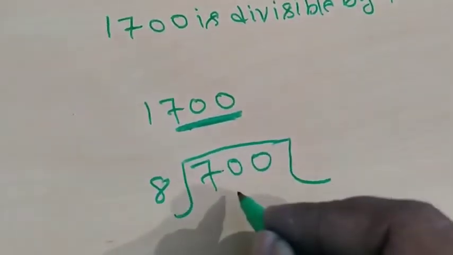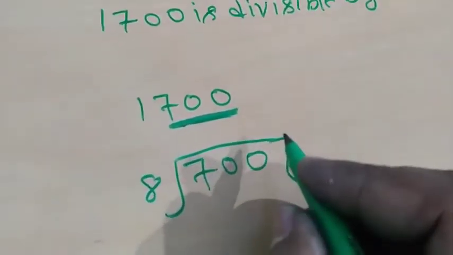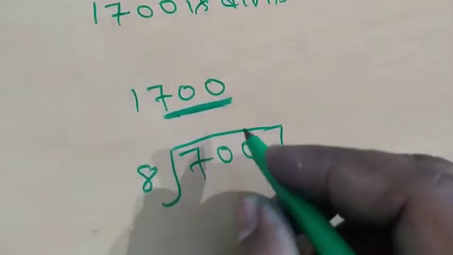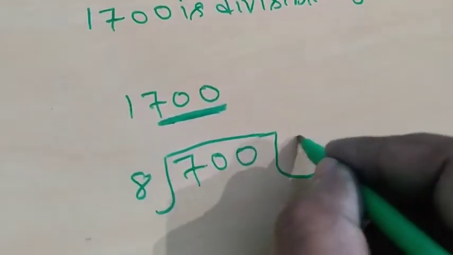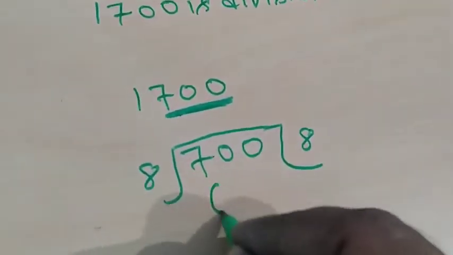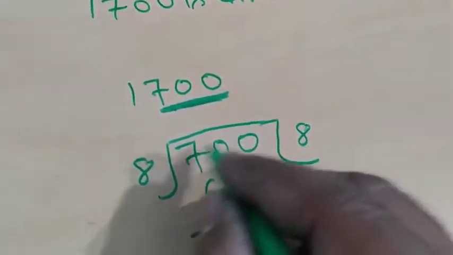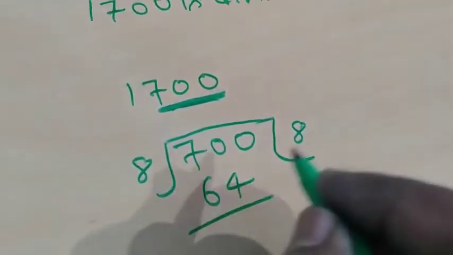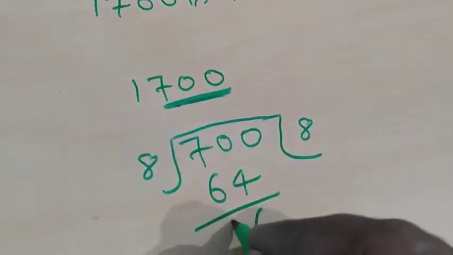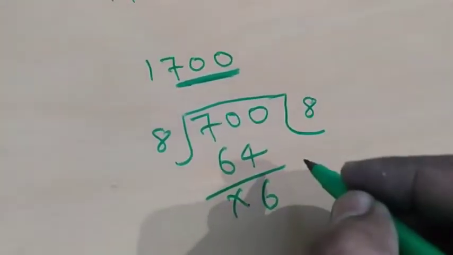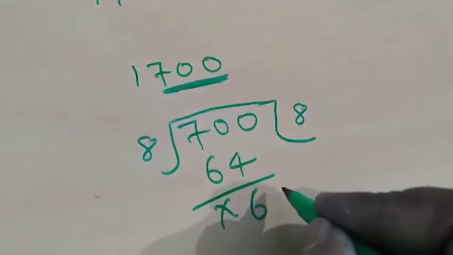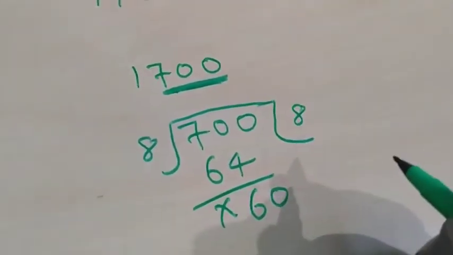So how many times? 8 times. 8 8s are 64. So 10 minus 4 is equal to 6. This cancels out, it means 0. Bring down 0, here 0.